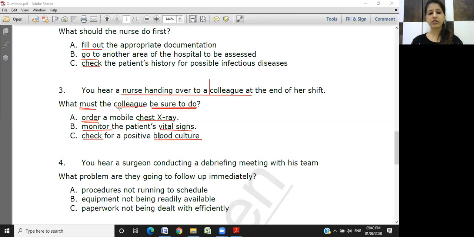Okay, so if the things are to be done by other people, then it doesn't fall into the scope of practice for the colleague. You have to specifically listen to what the colleague, the incoming nurse, has to do for sure. Okay, so I'll play this extract now. Again, I'll play it two times so that you listen to it carefully before you finalize your answer.